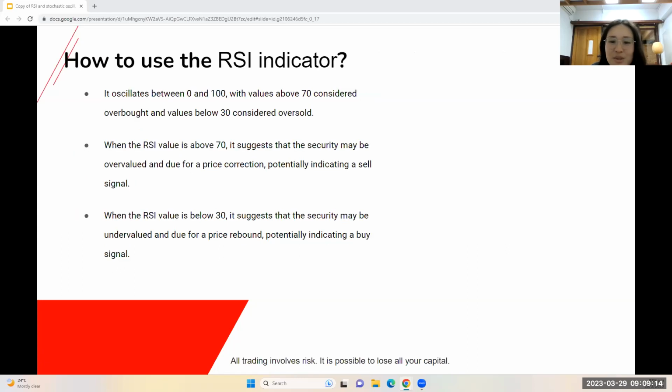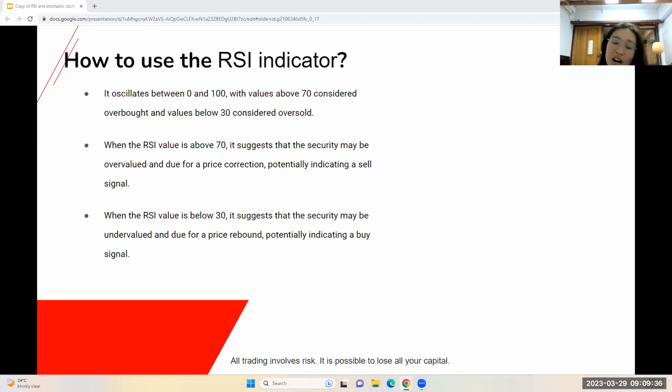Okay, so how exactly do you use the RSI indicator? So it oscillates between 0 and 100. So it has values above 70, which are considered overbought, and the values below 30 are considered oversold. So why is it overbought?